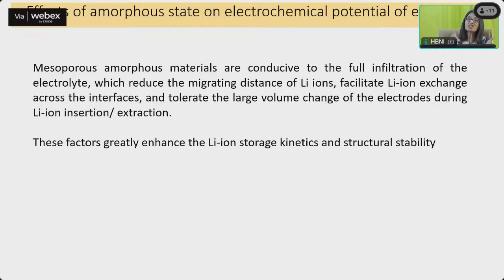But what is going to be the natural pitfall of this? If I am taking an extremely small nanomaterial as my electrode, the problem is that if the electrolyte is infiltrating it this much, then for every portion where the electrolyte infiltrates that electrode, you are going to form an SEI. So the amount of SEI formed is going to be much higher.